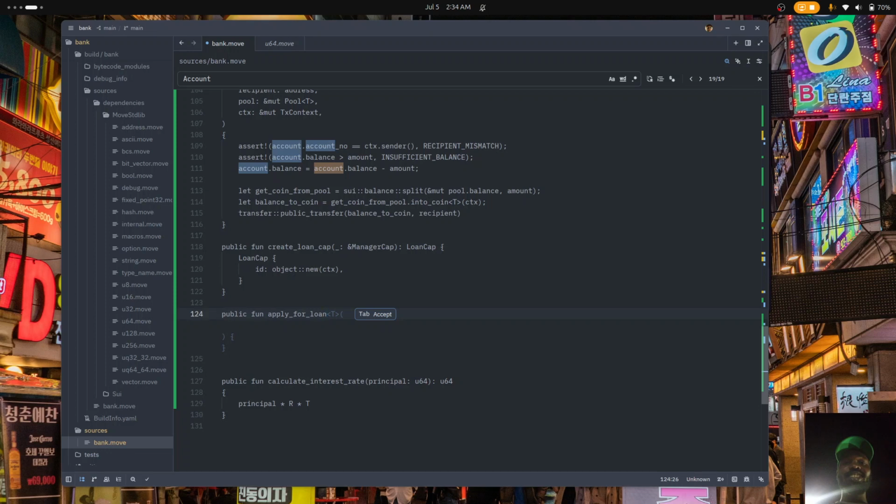So when your loan is now approved, you can go and take the loan. So if the loan is approved, you take the loan. Okay, getting more comfortable. So these guys need to apply for a loan. So loan cap, yeah.